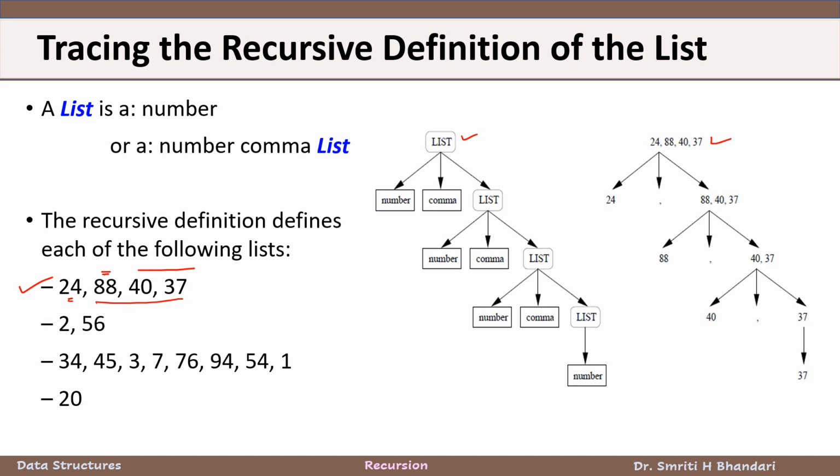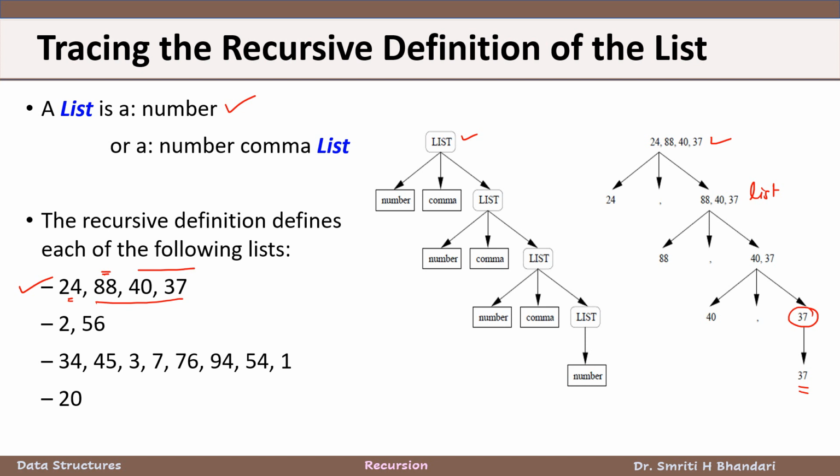Once again, this list can be decomposed as a number comma a smaller list than the earlier one, and the process continues till we have only one number in our list. Whenever only one number is there, this definition is satisfied: a list is a number. So this is how a recursively defined list can be traced.